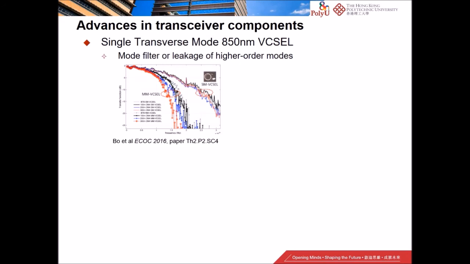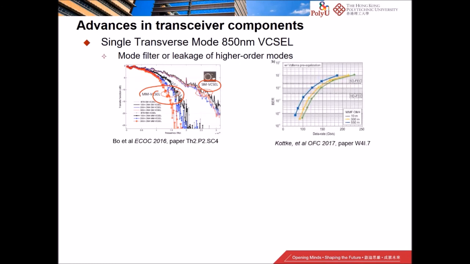This spectrum shows the comparison of the overall system spectrum for multimode VCSELs versus single-mode VCSELs. You can see that the single-mode VCSEL actually has wider bandwidth. So we were able to demonstrate 100 gig transmissions for this particular experiment. Here is another experiment by the group from HHI.